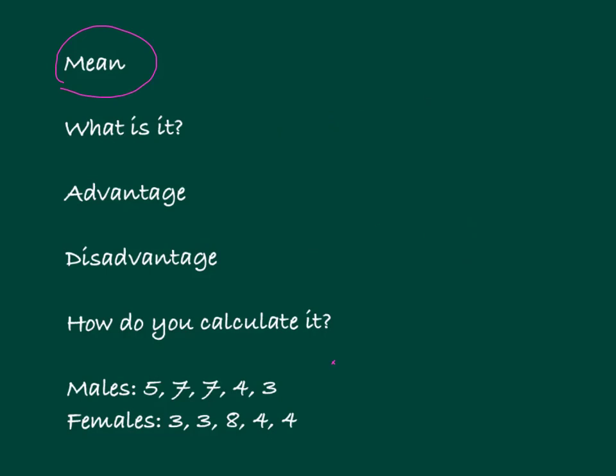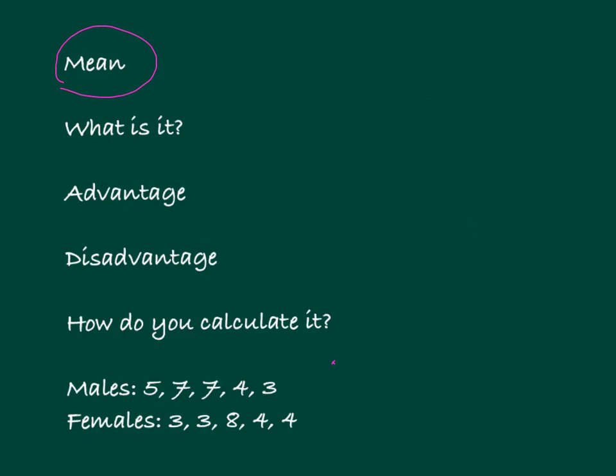You may either calculate the mean yourself if you are writing down results of a set of data, or you might be asked to describe step by step how you would calculate it. It's important to remember that for the mean you would not just add all the scores together and divide them, because you will have at least 2 different conditions. In this case we have 2 groups, males and females. So you would need to describe how you would calculate the mean for males and then how you would calculate the mean for females.